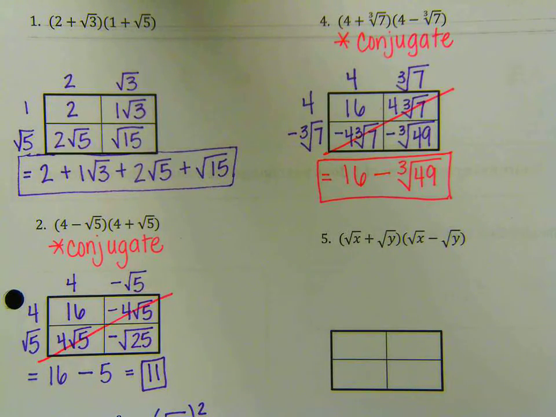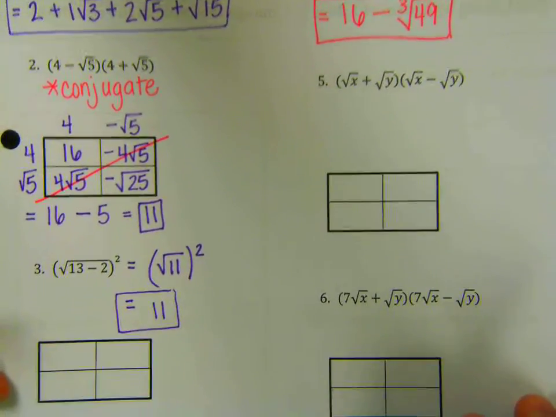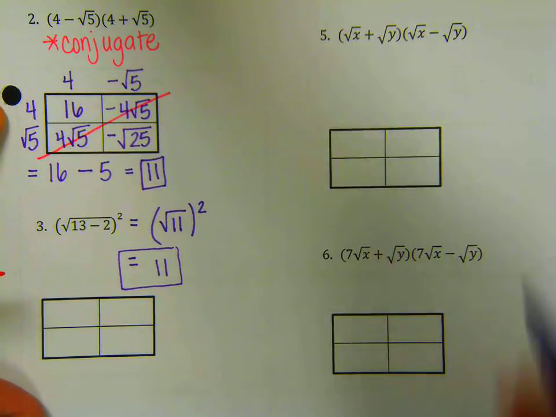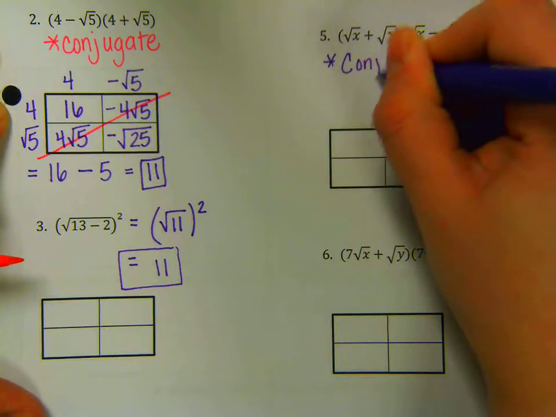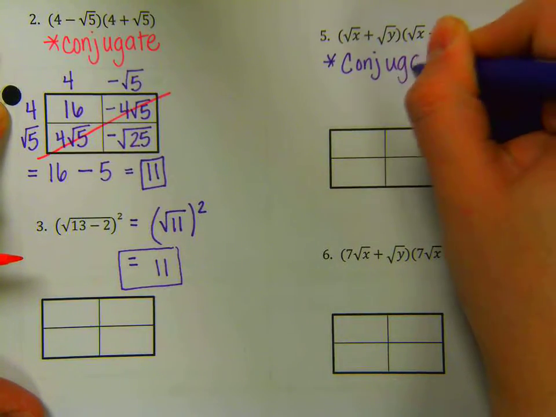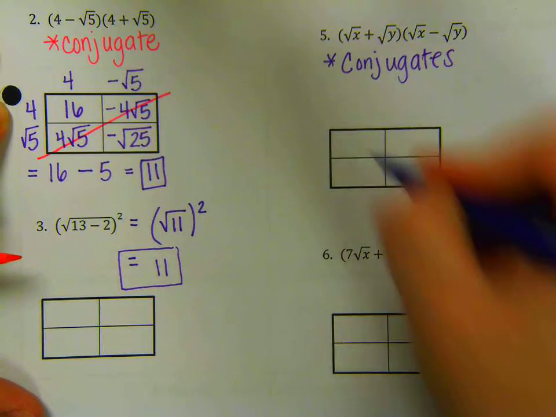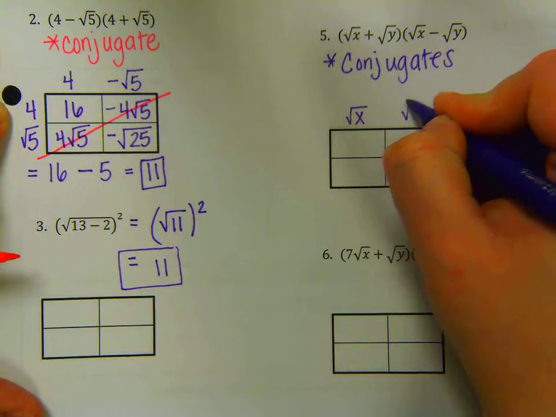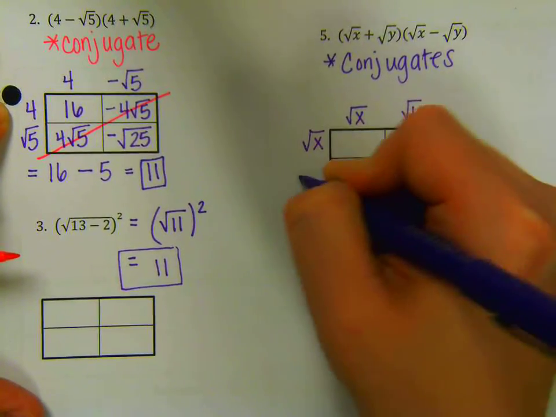Okay, let's go on to number 5. This is really complicated. It looks a little more scary because of all the radicals. That's not going to change anything. Again, these are conjugates, so you can write that. You know something's going to cancel off. And then start filling in the sides of your box. So square root of x, square root of y, square root of x, negative square root of y.